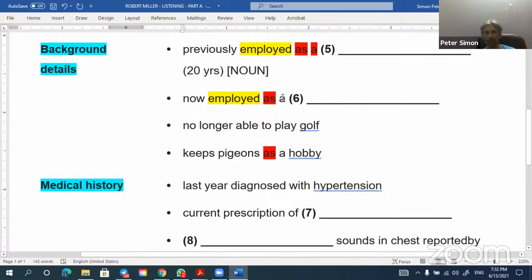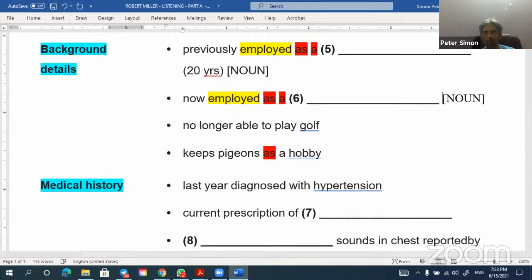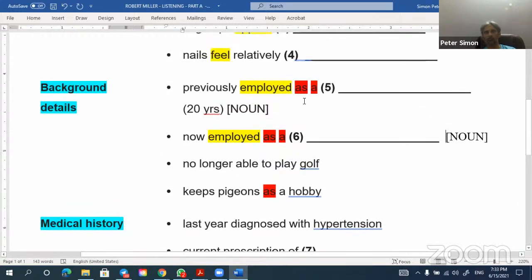Next here, "a." That means here also it is a noun. Here also it is a noun.